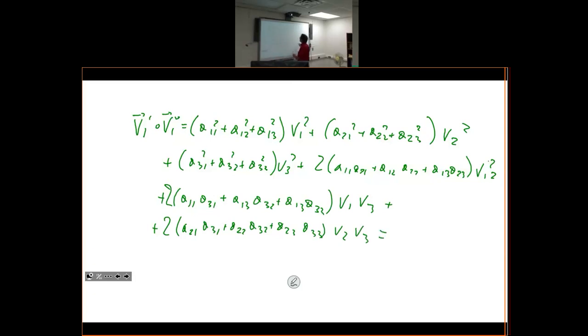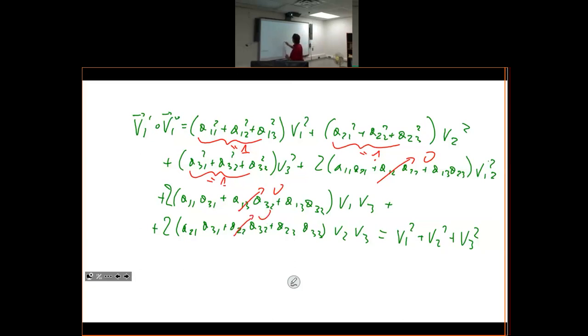And since this is V1 square plus V2 square plus V3 square, then we can say that this bracket here must be equal to 1. This bracket here must be equal to 1. And this bracket here is equal to 1. And the other 3 brackets, this must be 0, this must be 0, and this must be 0.